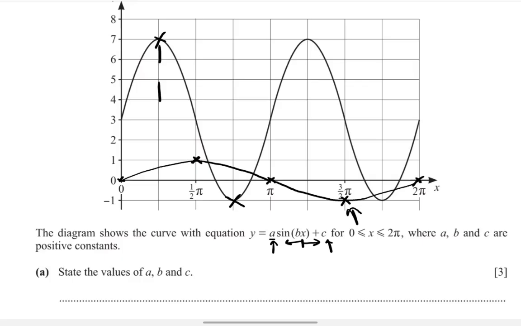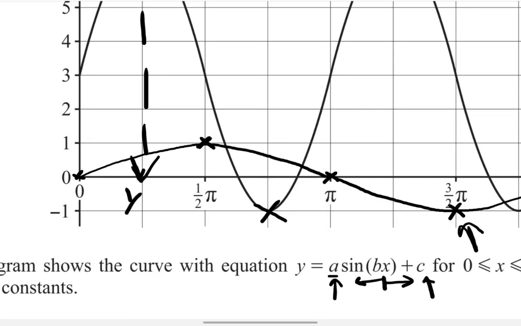If you look closely here, the x-coordinate for that point is now at 1/4 pi, and originally it was at half pi, meaning the x-axis has been divided by 2. Even for this one, it was here and now it's here, meaning the x-axis has been divided by 2.